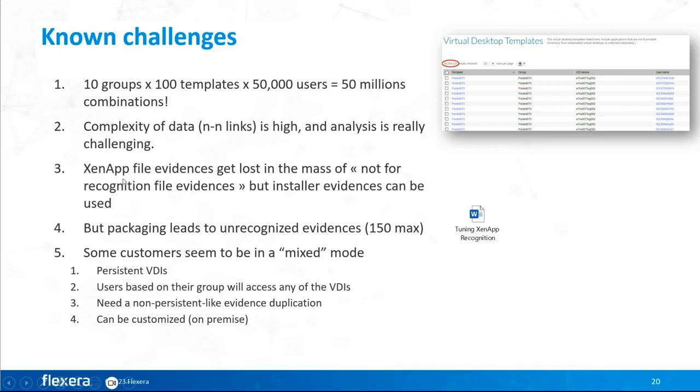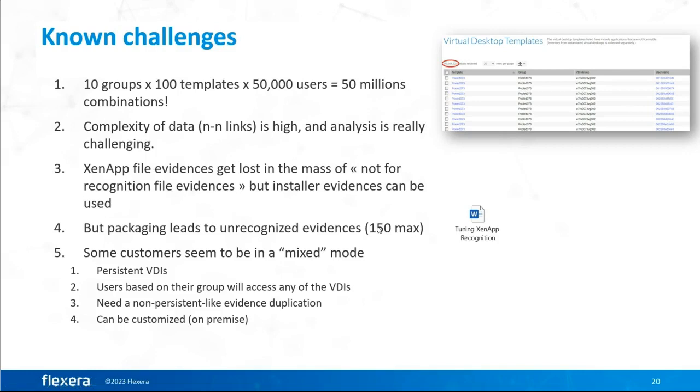Another challenge is that XenApp file evidence can get lost in the mass of not-for-recognition file evidence, but you also get the installer evidence that normally is what you use for recognition. The packaging, which is about installer evidence but for XenApp, will lead to unrecognized evidence. But here, the numbers are reasonable.